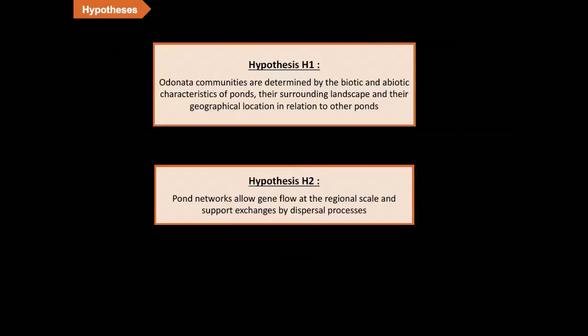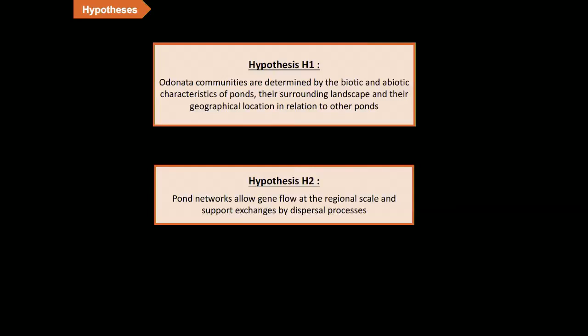So we will work for this study on two hypotheses. The first one is that Odonata communities are determined by the biotic and abiotic characteristics of ponds, but also their surrounding landscape and their geographical location in relation with other ponds.